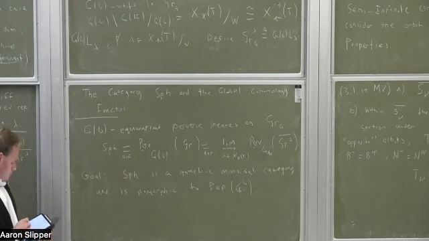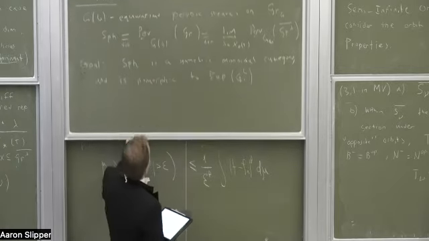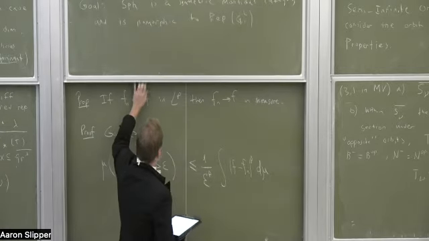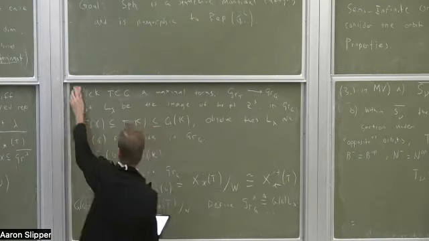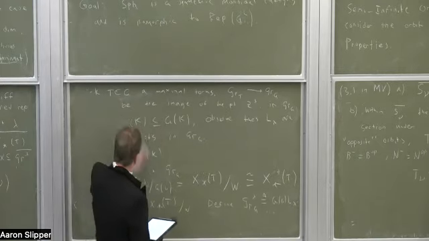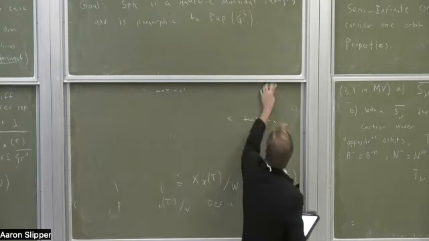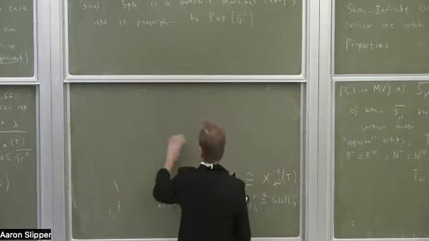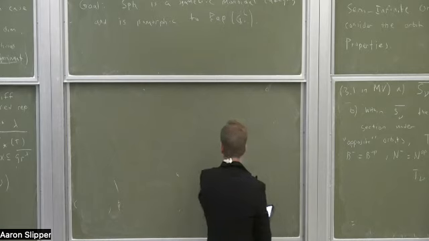So, all right, here's the program of attack. I need to produce a fiber functor from this to that, and it's going to be called the global cohomology functor.